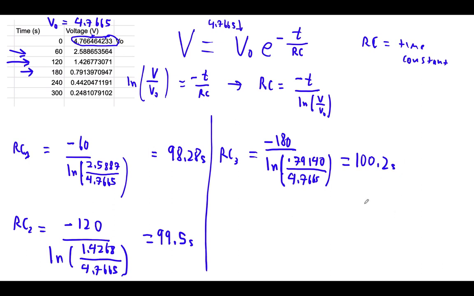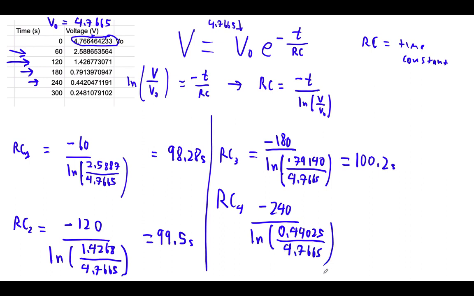All right, let's see. And then RC4 is going to be negative 240 divided by the natural log of 0.44205 over 4.7665.